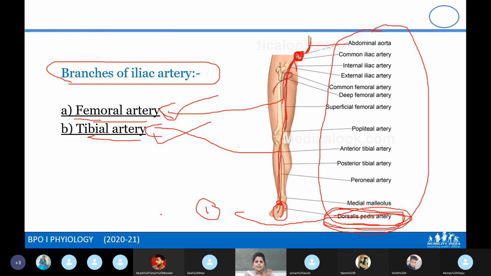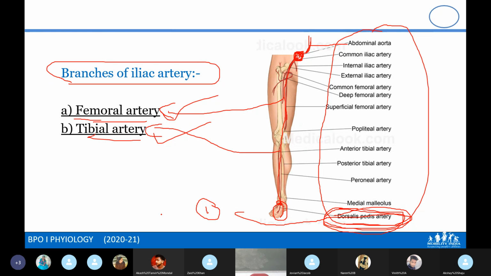You all found it on the dorsum of the foot, the dorsal part of the foot? Just keep your finger and feel whether you are able to feel that sensation. I can't show you with my foot.